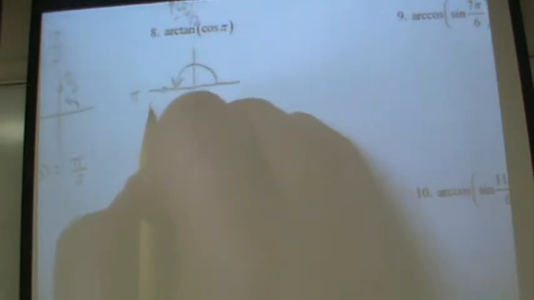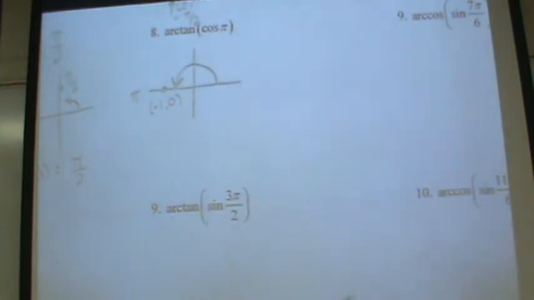Number 8, we're taking first the cosine of pi. So pi is over here. And what is that point? Negative 1, 0. So what's our cosine at that spot? Negative 1. So our cosine is -1.